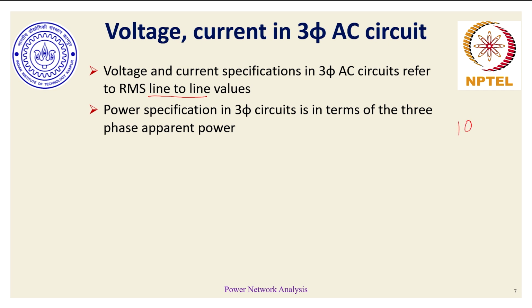In single-phase AC circuits, the voltage and current specifications inherently refer to phase quantities, whereas in three-phase AC circuits, the specifications would refer to phase-to-phase or line-to-line quantities. What are these phase-to-phase, line-to-line? We'll talk about it in the next few slides. And the power which is defined in three-phase AC circuits is the three-phase total apparent power, which is the sum of individual phase apparent power.